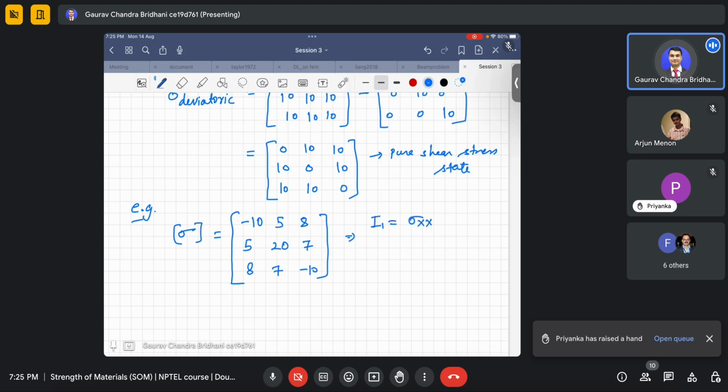Nothing but sigma xx plus sigma yy plus sigma zz. You can find that it comes to be 0. So actually this is a pure shear case. Here only shear will act, nothing else. No normal stress will act on any plane. Only shear stress will act. You will have tau xy, tau yz, those components, but no sigma xx or sigma yy component. So this is the condition for pure shear.